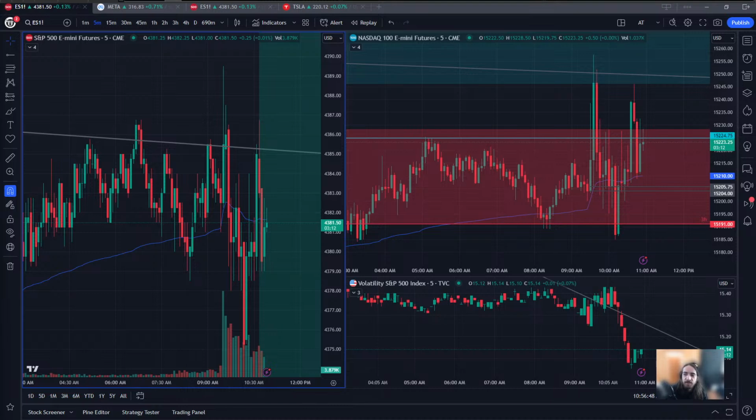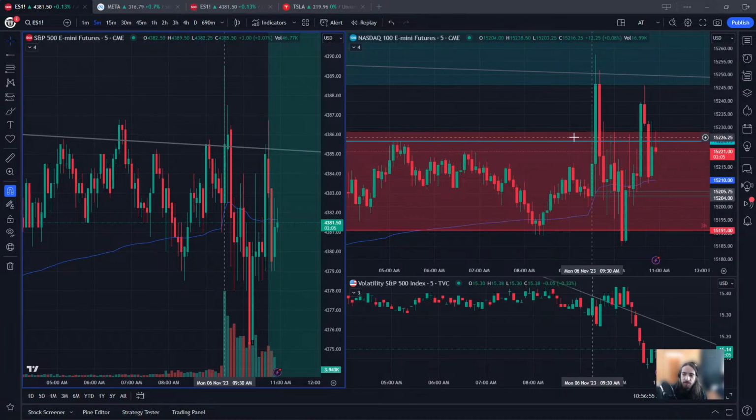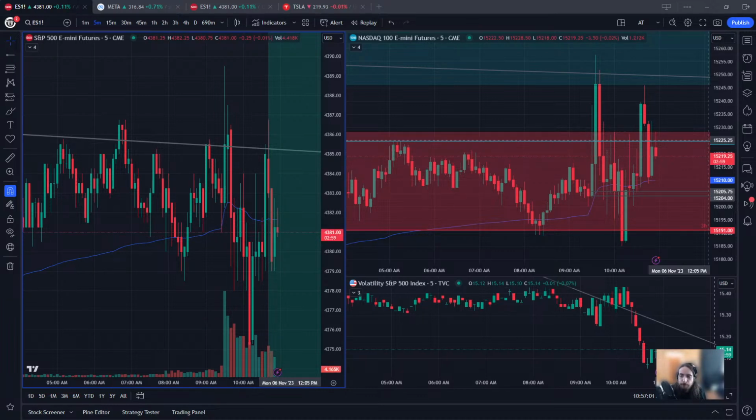3:14 left on this 5 minute. I'm staying patient. I do think bulls might want to take another shot at this candle though. Yeah, now the bulls are gonna take over. What do we got? I'm staying patient. 2:44 left on this 5 minute.